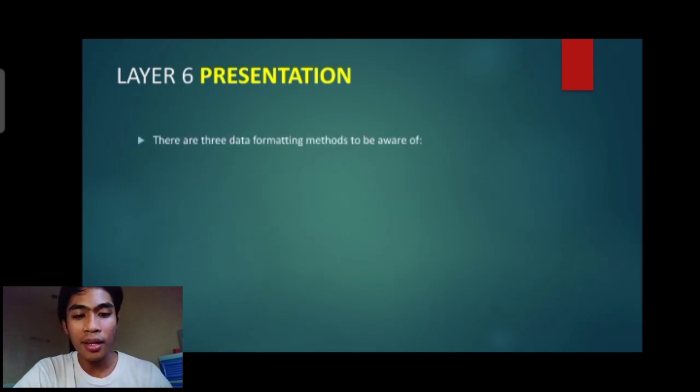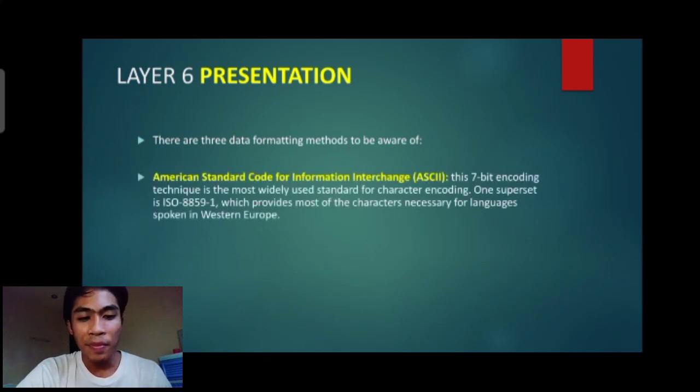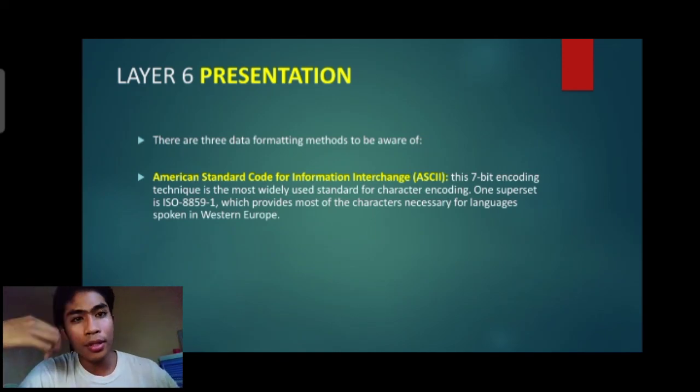There are 3 data formatting methods to be aware of. First, the American Standard Code for Information Interchange, or ASCII. This 7-bit encoding technique is the most widely used standard for character encoding, which provides most of the characters necessary for languages spoken in Western Europe.